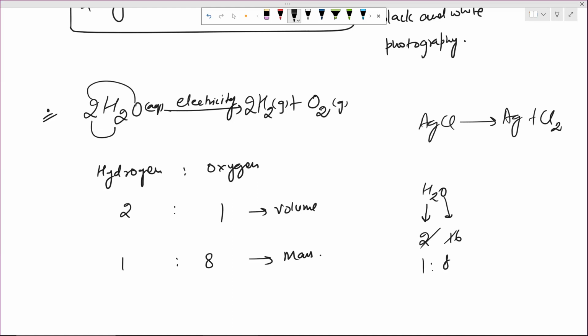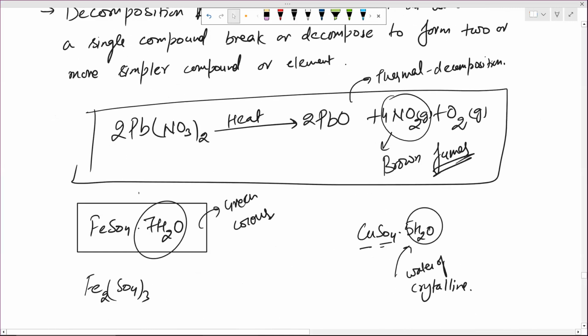Okay, let's start. Note down the topic: decomposition reactions.